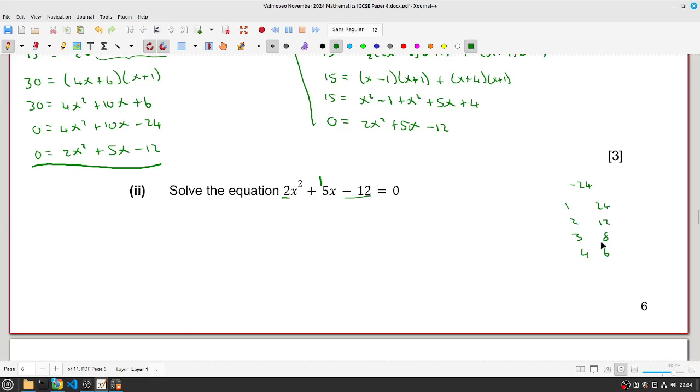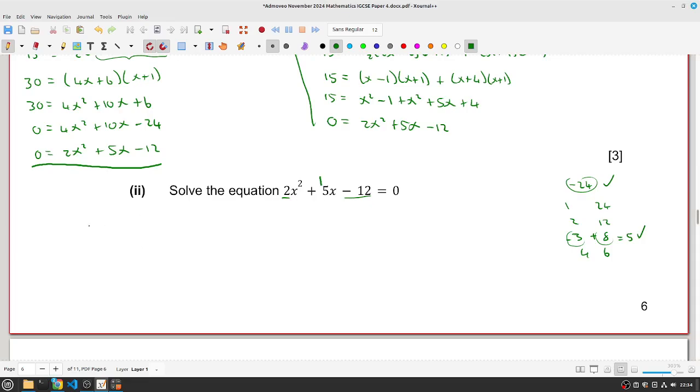So 3 and 8 can give us 5, right? If we say negative 3 plus 8, that does give us 5. Okay, so that part works. Let's check if the multiplication works: negative 3 times positive 8 is negative 24. That also works. Great. So now we can change this quadratic trinomial into a grouping factorization question, which is much easier.